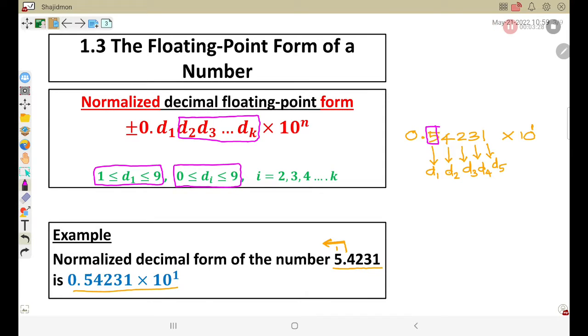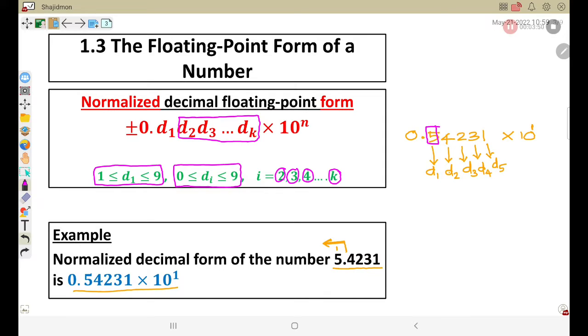So 0 is also included, but the first digit should not be 0. That is 0 less than or equal to di less than or equal to 9 for i equals 2 3 4 5 up to k. That means d2 d3 d4 d5 up to dk can be any number including 0.